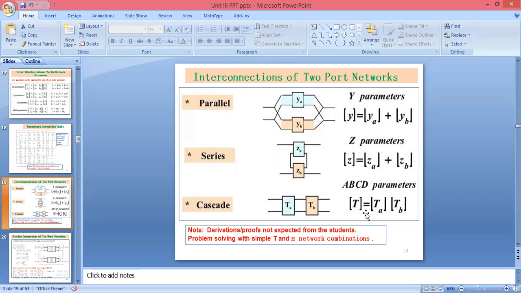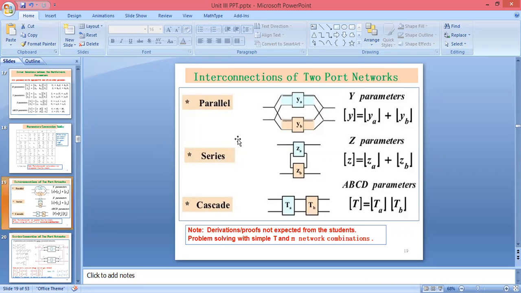And if you are supposed to derive the equivalent transmission parameter for the ABCD, that will be the multiplication of all these cascading terms. So if we have two terms TA and TB, the total equivalent transmission will be the multiplication of TA into TB. Derivations will not be needed here.